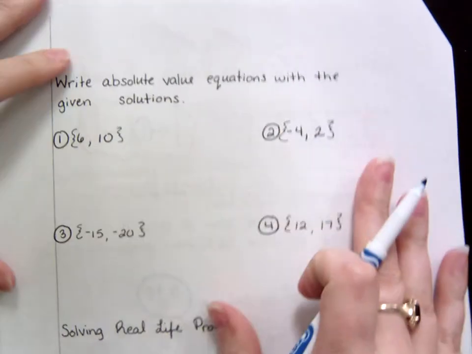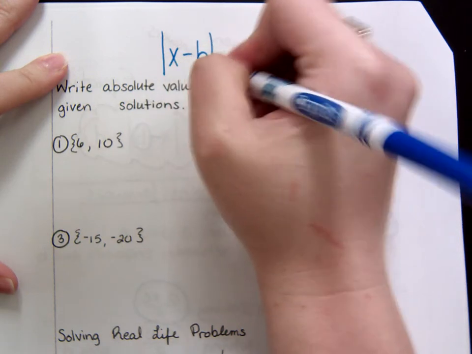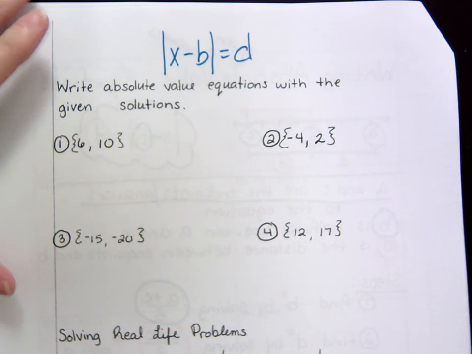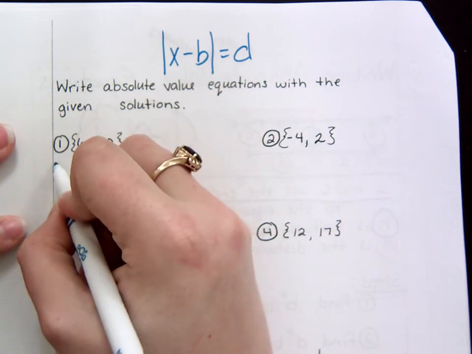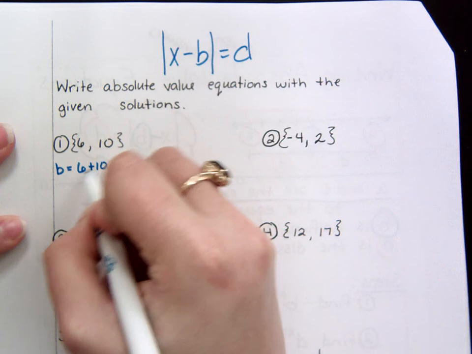So let's look at a problem and work it from scratch. I'm going to rewrite the format here: |x minus B| equals D. There we go. I'm going to start with the more formula type method. Okay, 6 and 10. To find my B value, I'm going to do 6 plus 10 over 2.